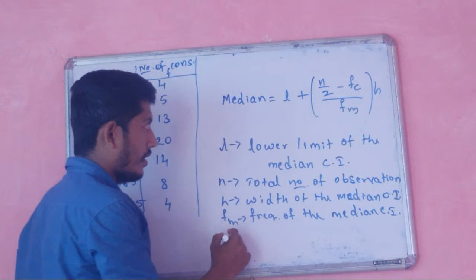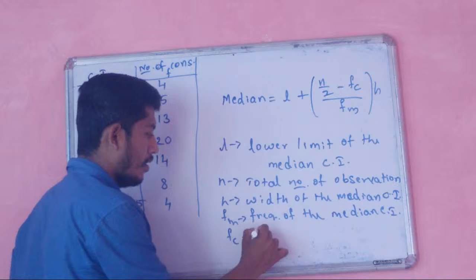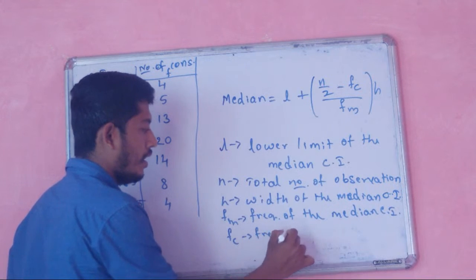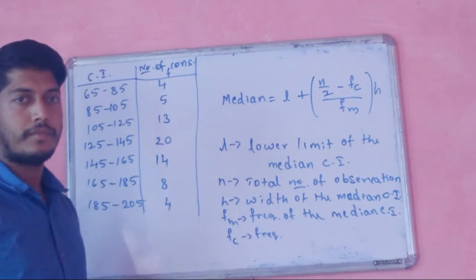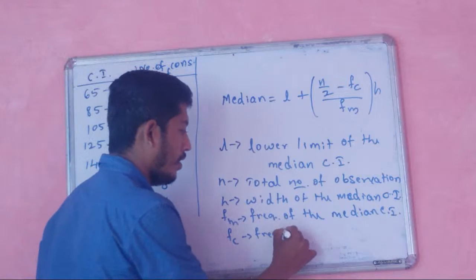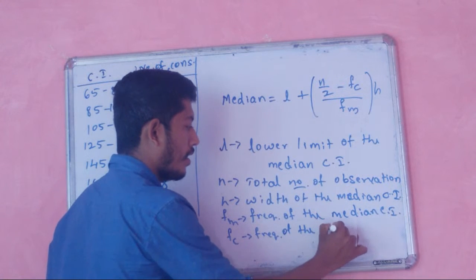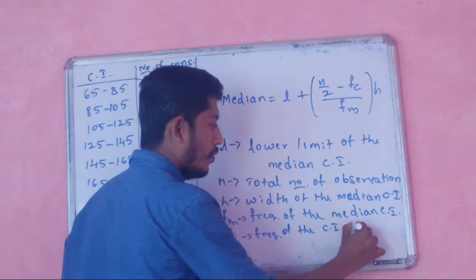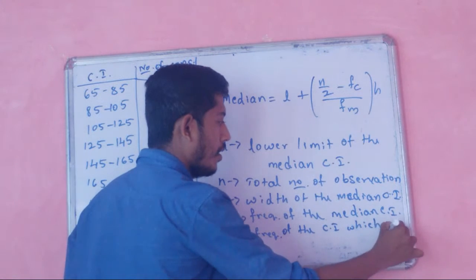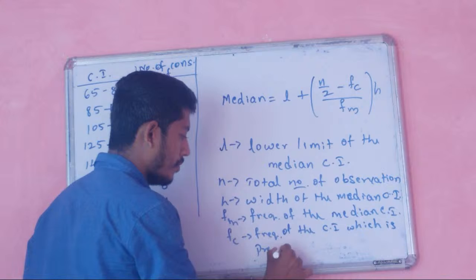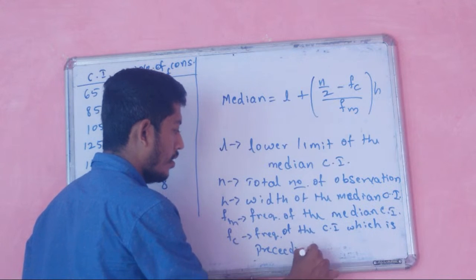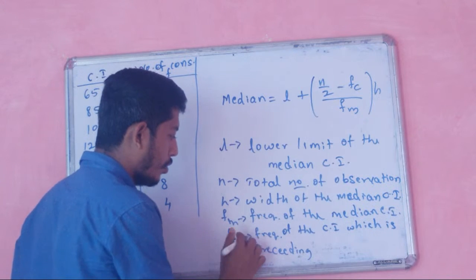The next one is Fc, the frequency of the class interval which is preceding. This is not frequency, this is cumulative frequency.